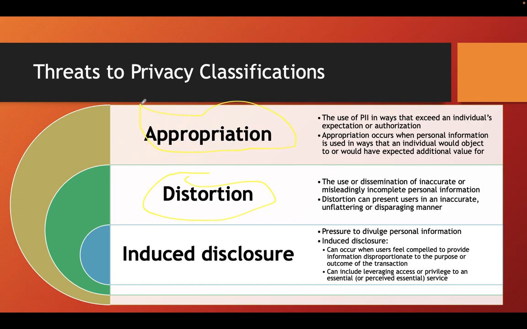You are compelled to give information that you feel is disproportionate to the reason why it was collected. Another way you can see induced disclosure is leveraging access or privilege to an essential or perceived essential service.